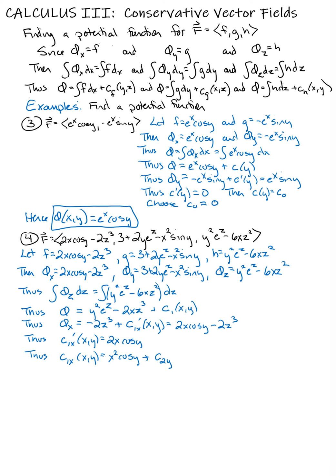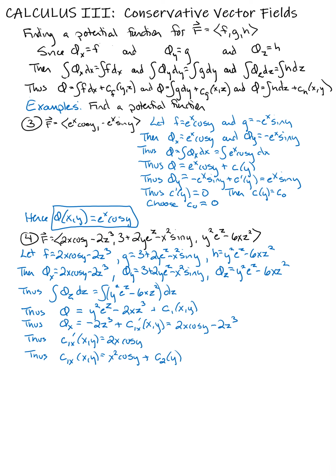I just integrated with respect to x, so I'm not going to have any x's, but it might have a y, so this is now just a function. Actually, I'll just call it C2. This will be a function just of y.